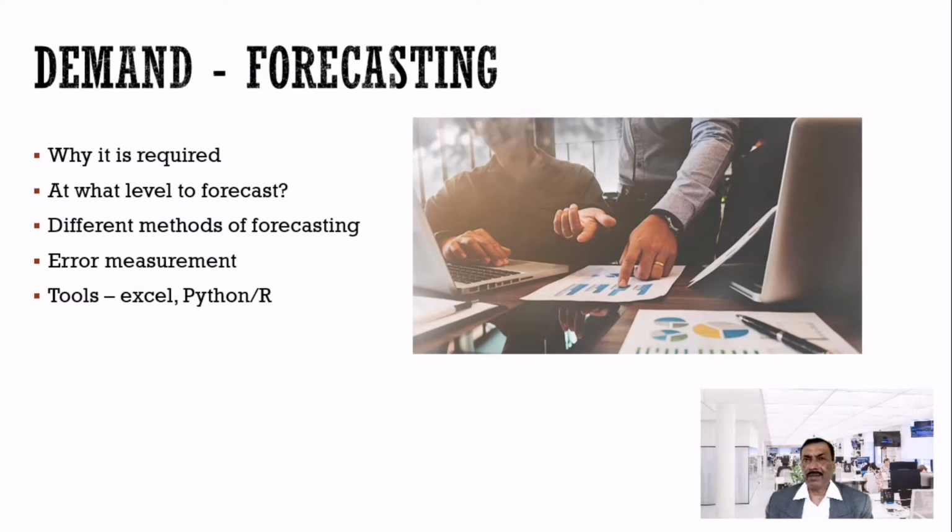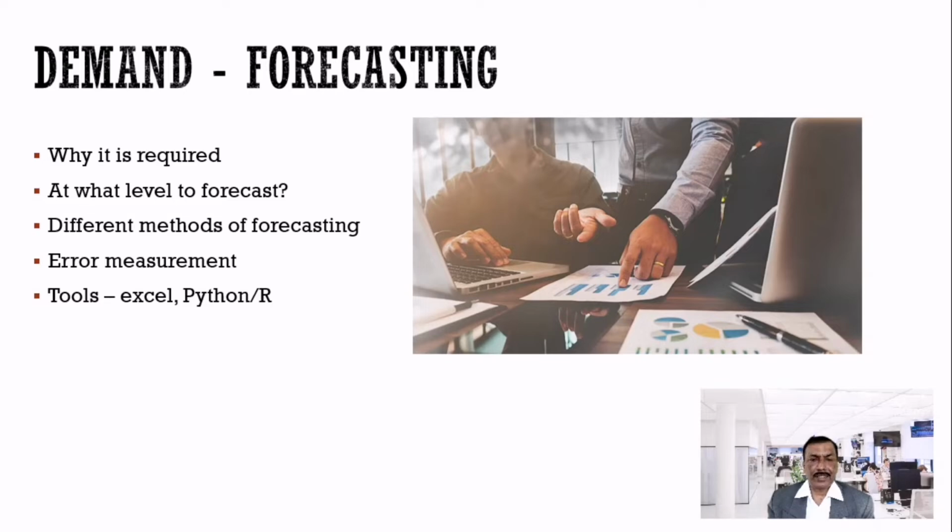At what level forecasting is required? We have different levels of forecasting. You can talk in terms of business level. You can say I am going to grow 10% in revenue, or you can talk in terms of product families.